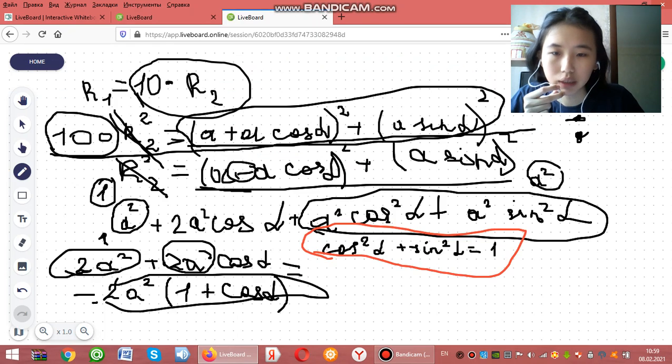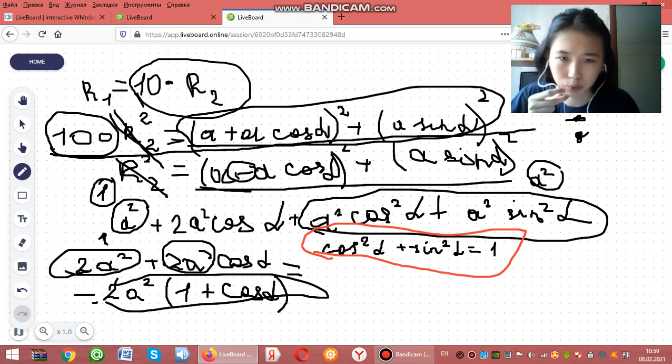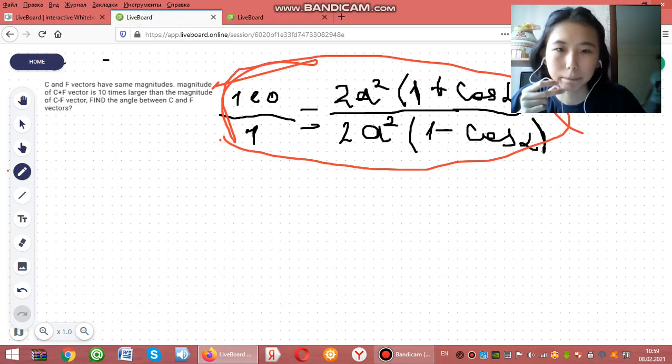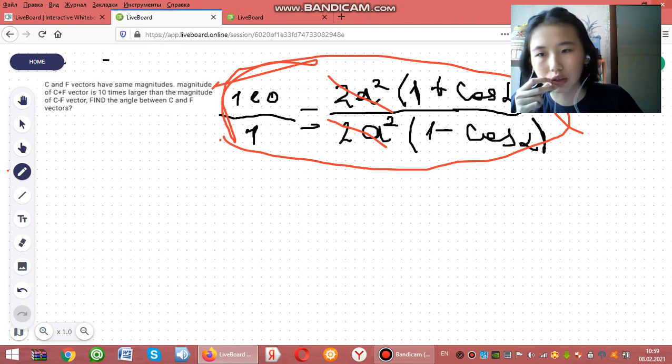In order not to waste our time, I said it will be exactly like this, but here we need to change to minus, because here it is minus. So this is the last equation that we need to solve. Here I remove these two parts.